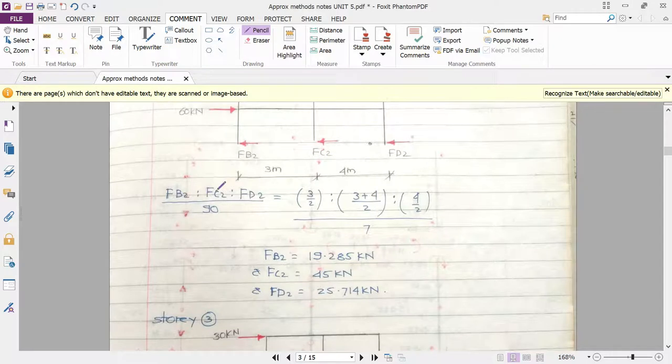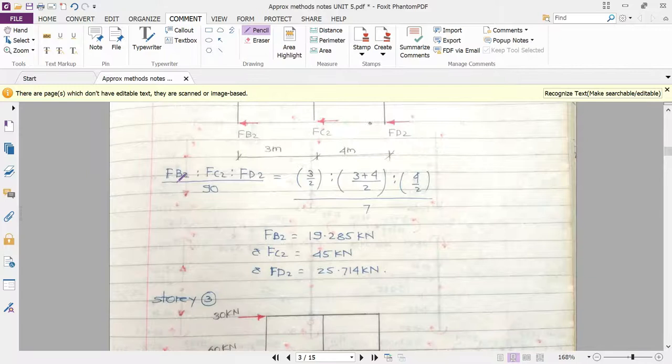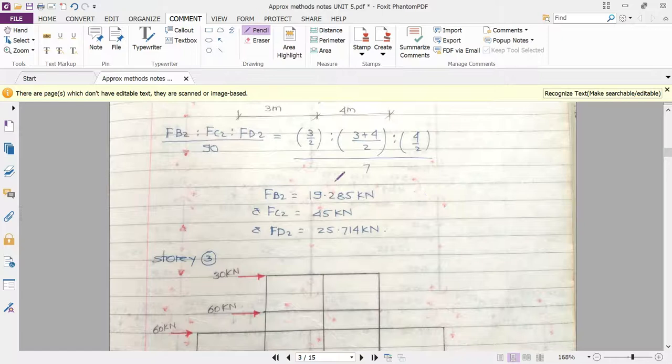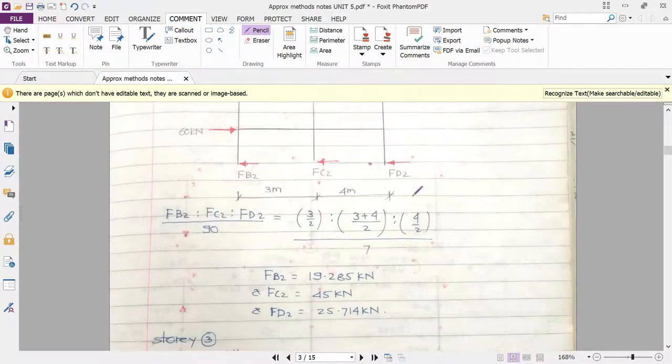Now we have to solve this, and we will get the forces in the members B2, C2 and D2. These are the shear forces in the second story columns.